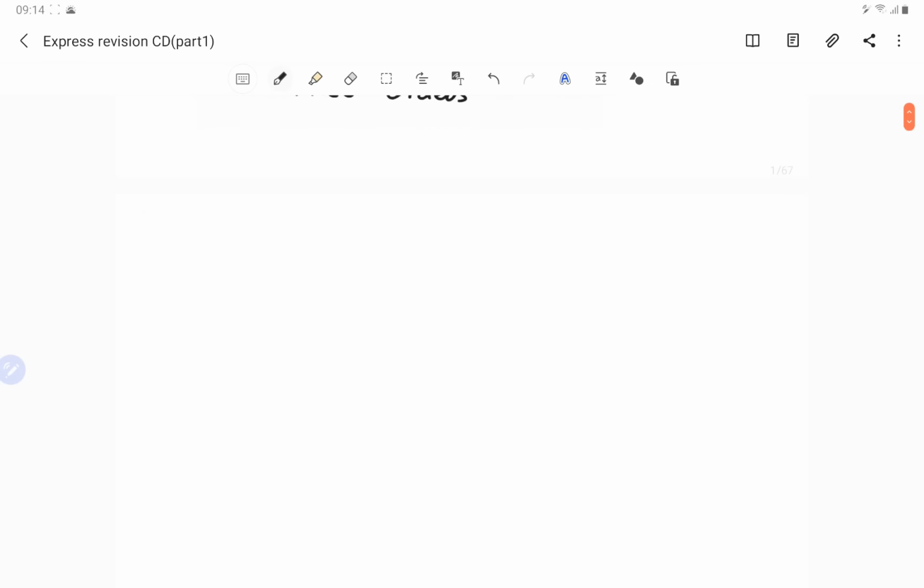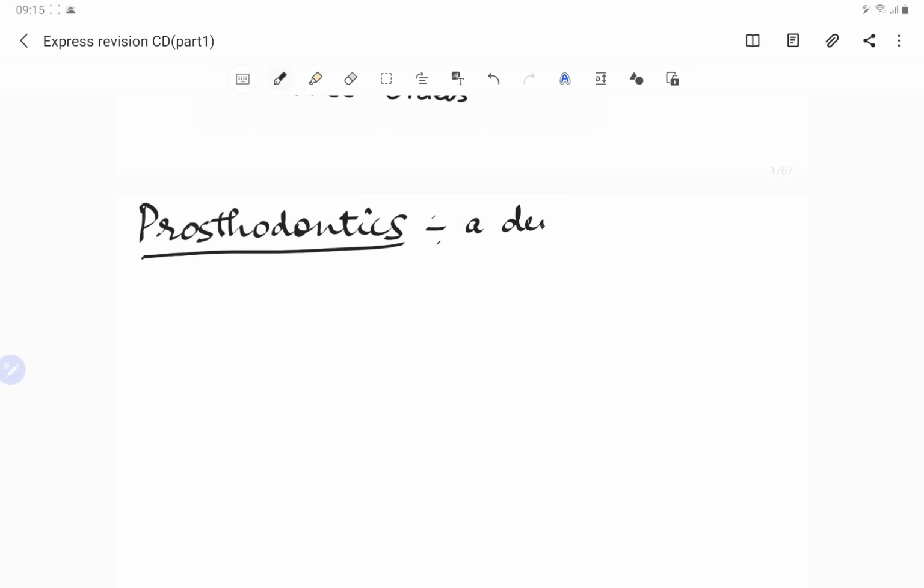So today's topic is the topic of prosthodontics. Before we get started with the complete dentures, let's see what is prosthodontics. Whenever a patient comes to you in the department of prosthodontics, so we have got various departments in the dental college, right? It is a dental specialty.